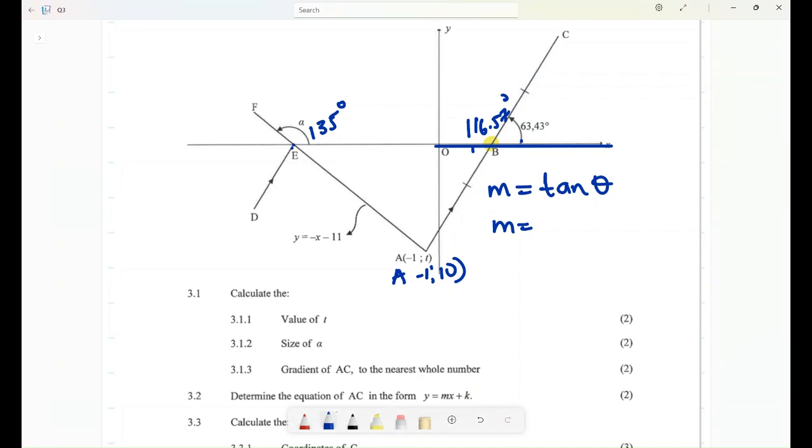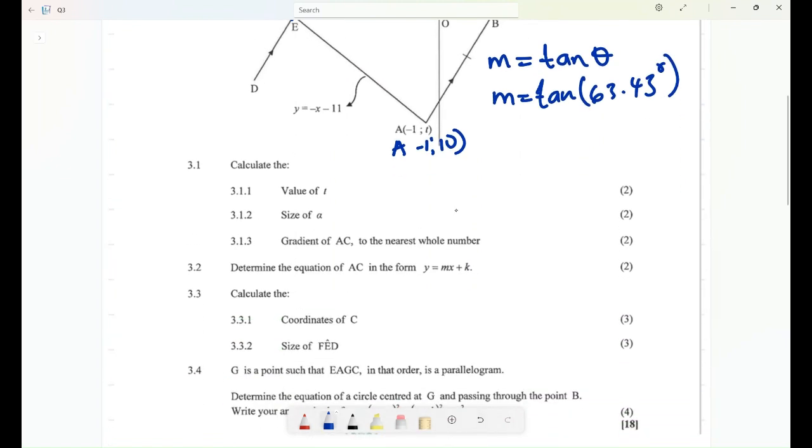Now let's punch that in and see how much we get. You're going to say tan of 63.43 degrees. The examiner asked us to give the answer to the nearest whole number. Remember, if you have 2.001 or 2.014, to the nearest whole number it is 2.